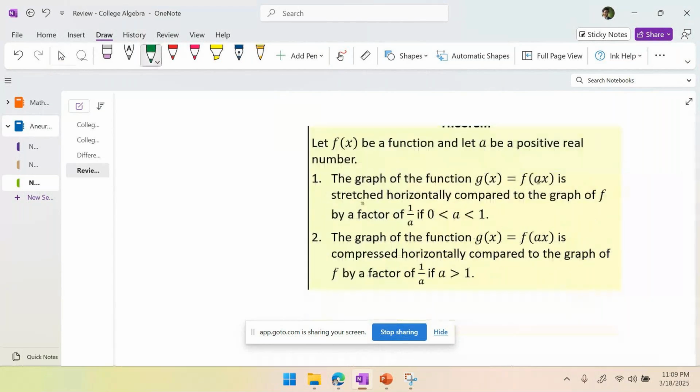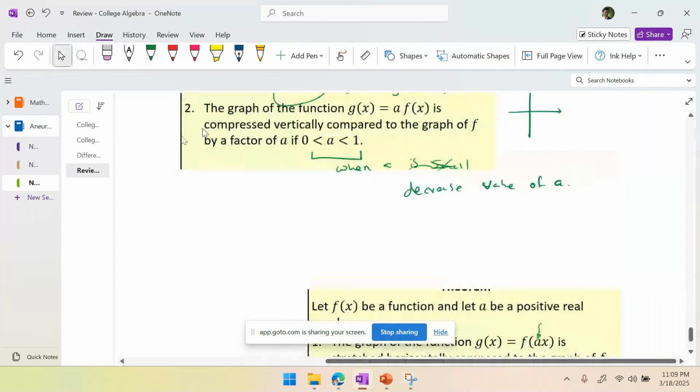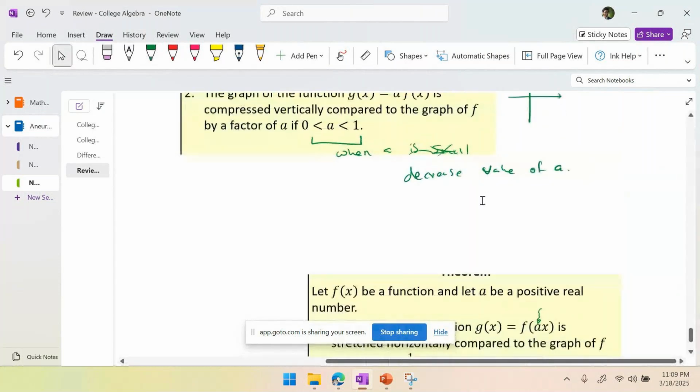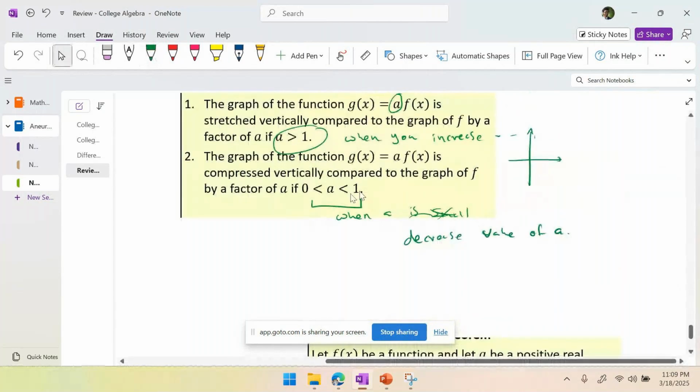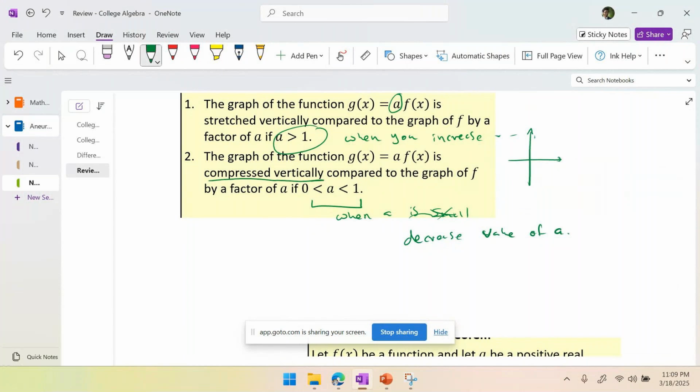So when you have this, you can see when the a value is inside and it is decreased, it stretches horizontally. But see here, when the value of a is decreasing, it compresses vertically.